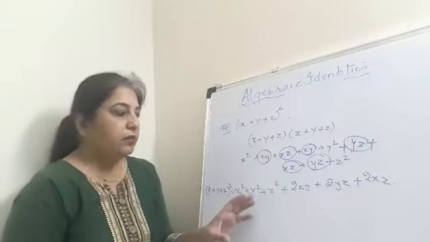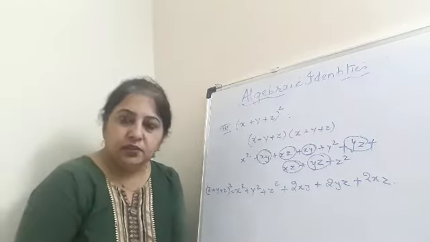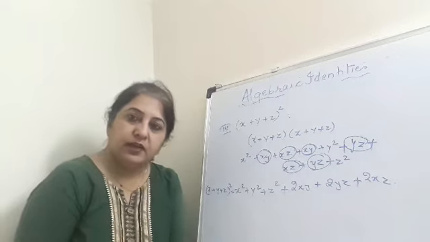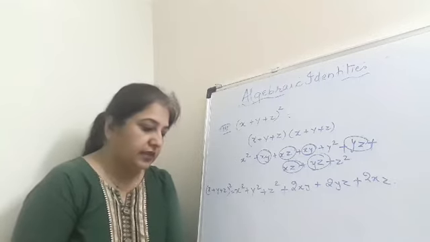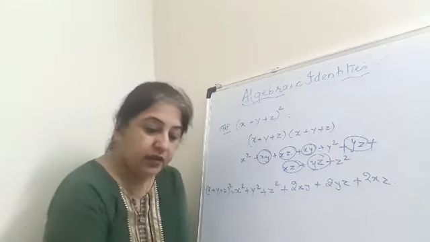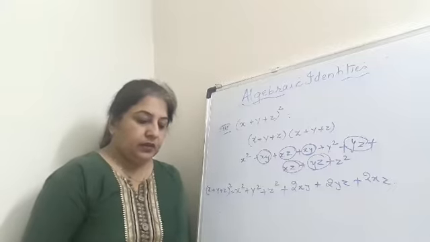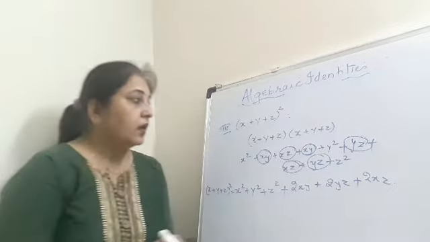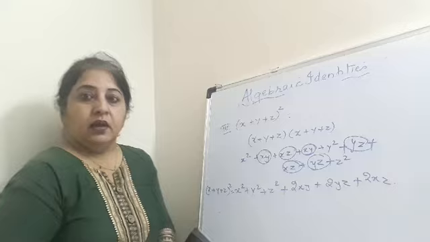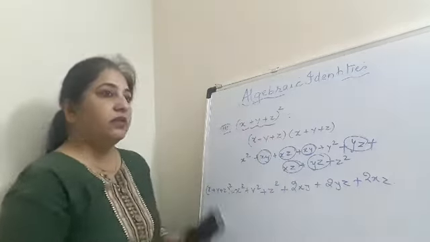Okay, so these are the three main identities which we have learned today, and all the identities of the previous class also, means the square identities also, will be used in this exercise, that is 2.5, right? So obviously you have to learn these identities, and one more thing. It is not necessary that all the questions will always be positive.